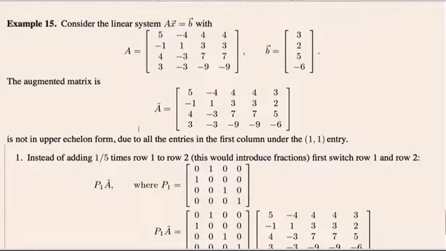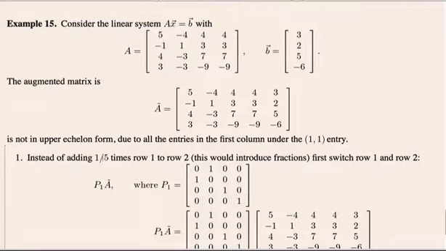So the brute force solution, or just following the method blindly, would be to add 1/5 of row 1 to row 2, because 1/5 of 5 is 1, so that 1 cancels -1.